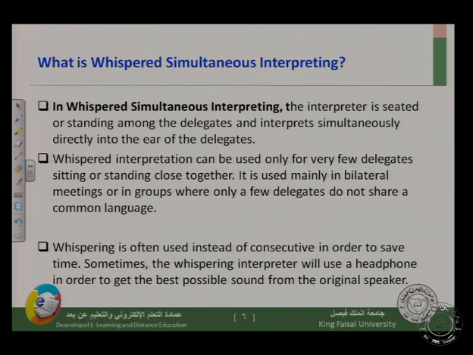Why? In order to get the best possible sound from the original speaker. When you use headphones, you really have clear access to the voice of the speaker.